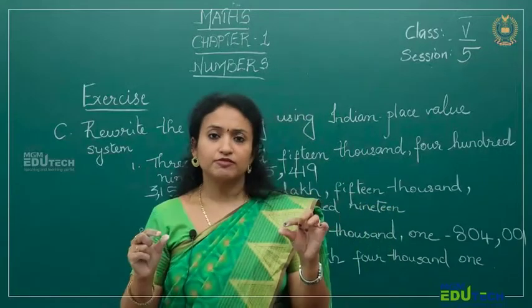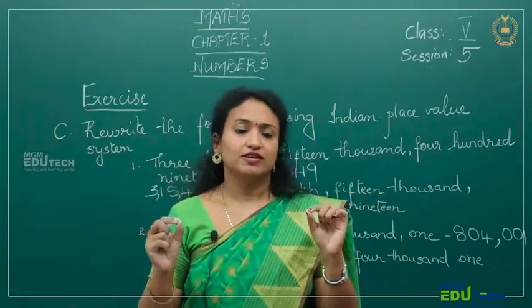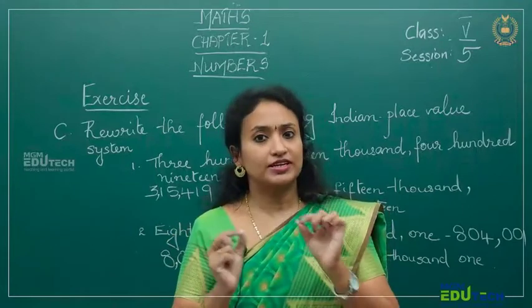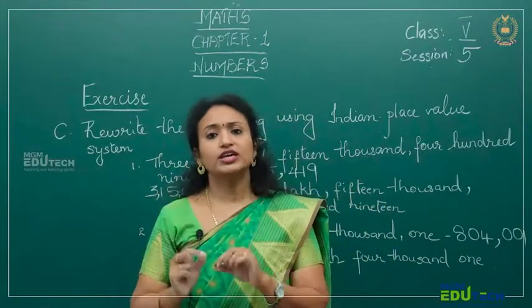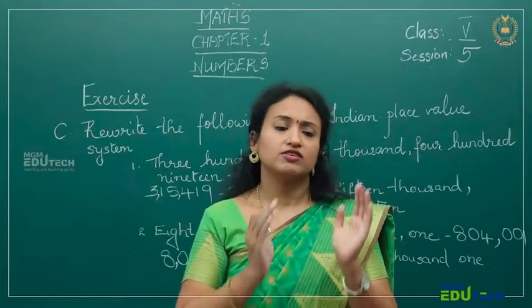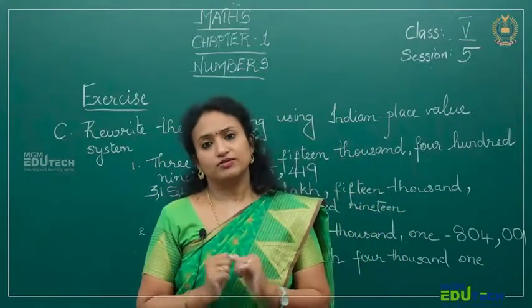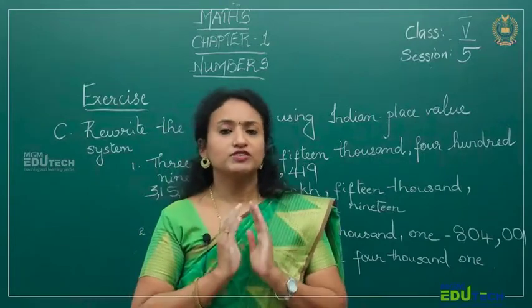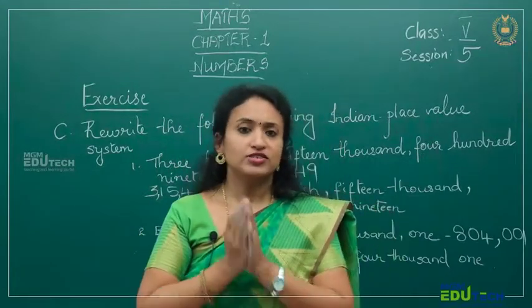Once you write the number in figures, it becomes easier. Then put the commas correctly and write according to the correct place value system. Whatever they have asked according to the question, write it out. Okay, so I hope it is very clear to you. The session is very easy.